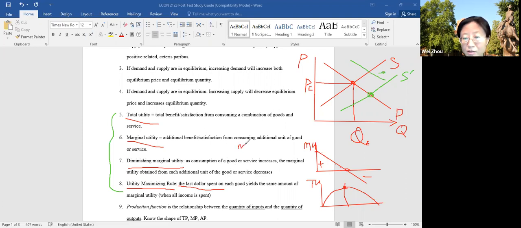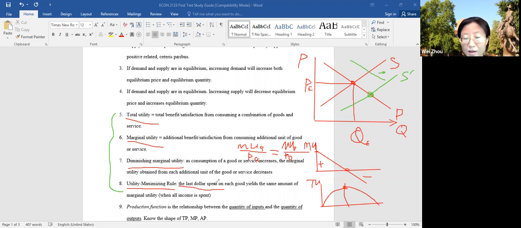The marginal happiness on apples divided by the price of apples needs to be equal to the marginal happiness on oranges divided by the price of oranges. Okay, so basically the happiness per dollar on all goods needs to be equal. So that is what we discussed, okay?